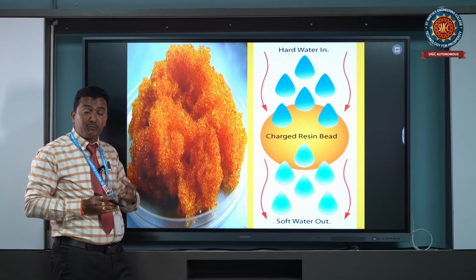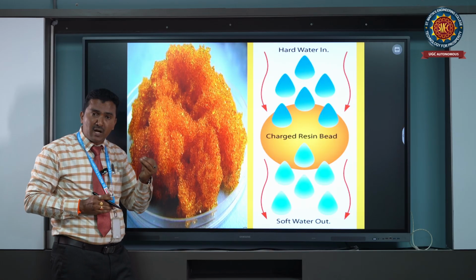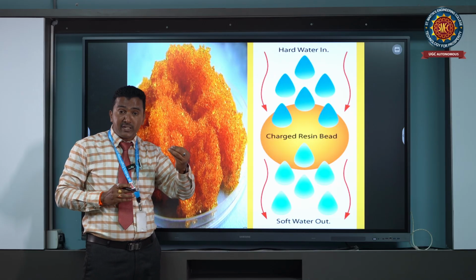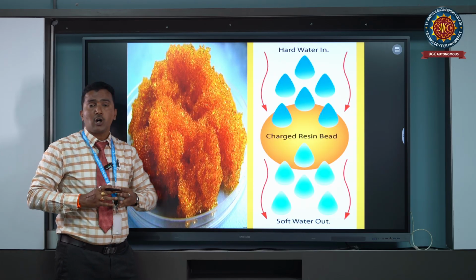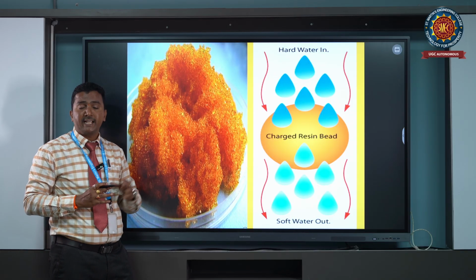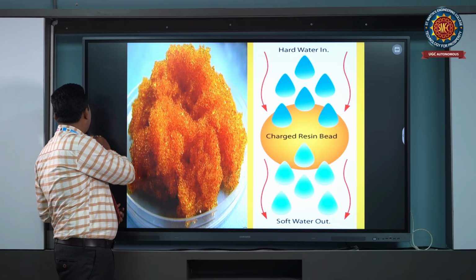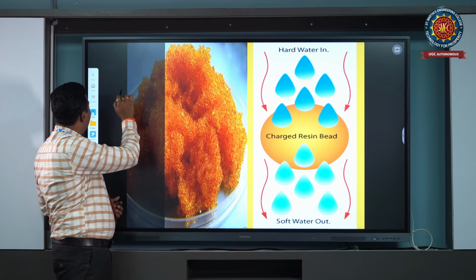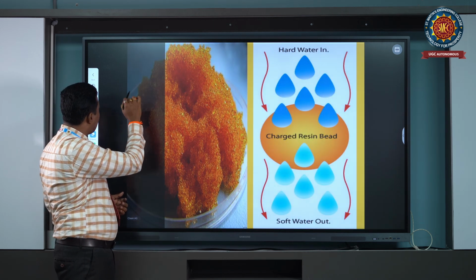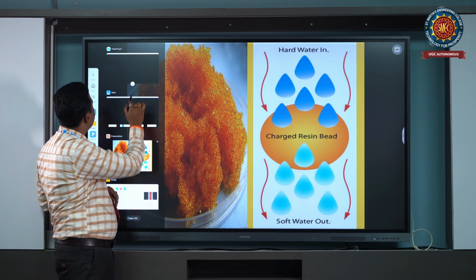Based on the functional group attached to the organic compounds, that is, the polymers, ion exchangers can be classified into two types: cation exchange reagents and anion exchange reagents. These are the different types of structures.